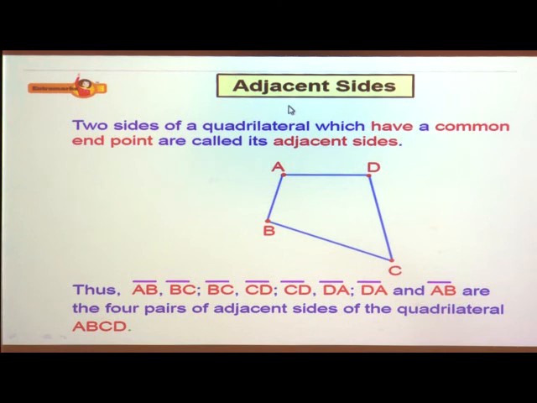Besides this, we have also studied adjacent sides, so let us have a quick review. Two sides of a quadrilateral which have a common end point are called adjacent sides.